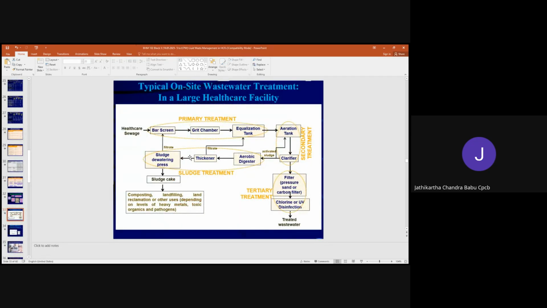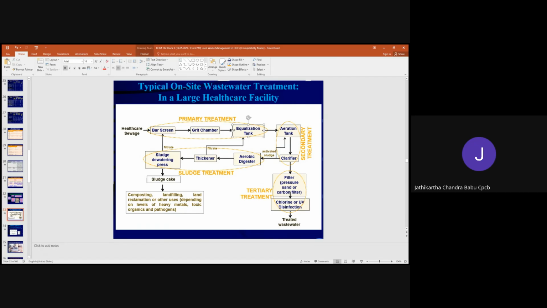To come to the typical on-site treatment of wastewater, this is what you have to see. Every healthcare system should have a bar screen, where you can remove the floating matter. Afterwards, the wastewater goes through a unit called a grit chamber, where the solid particles can be removed. Then the liquid waste has to go to the equalization tank.